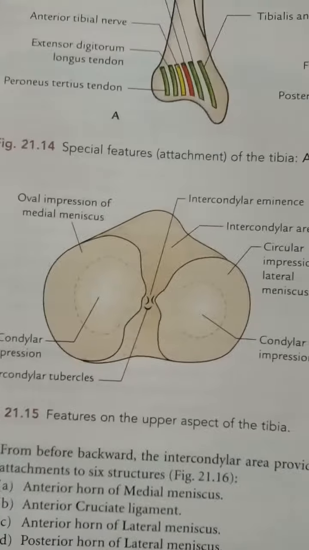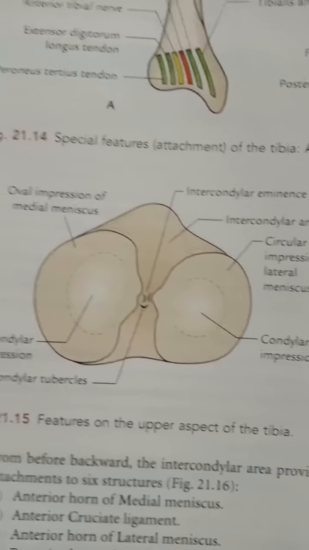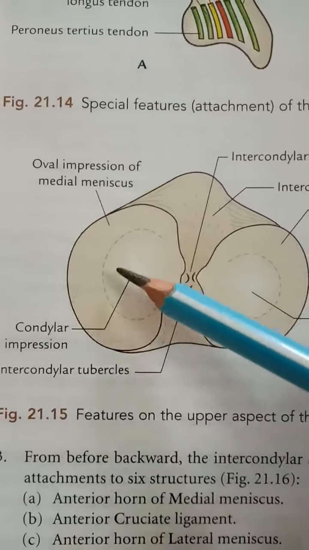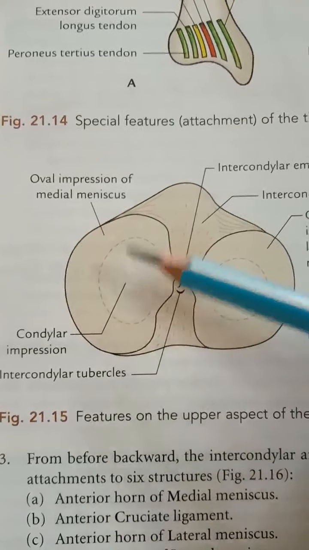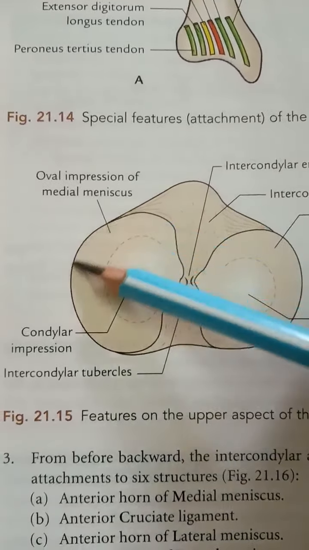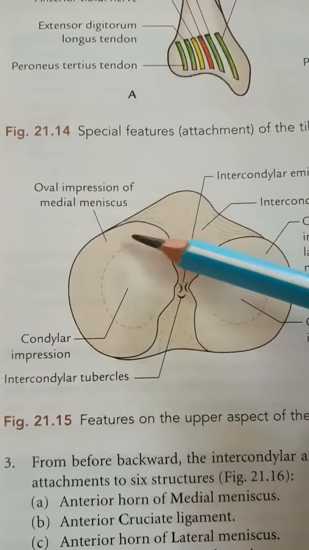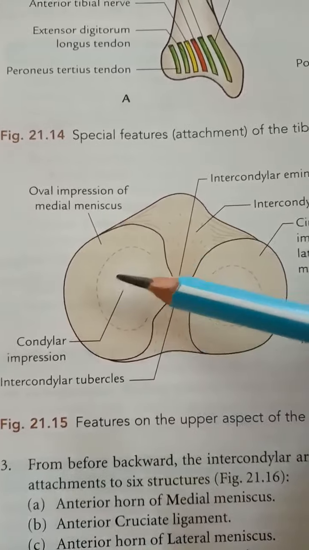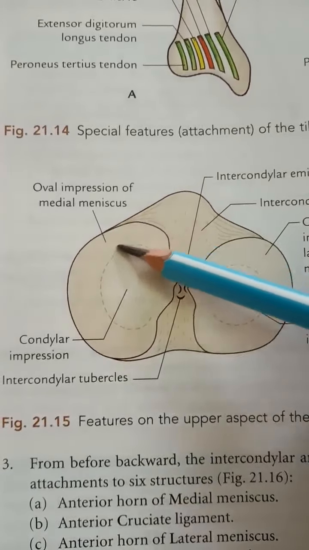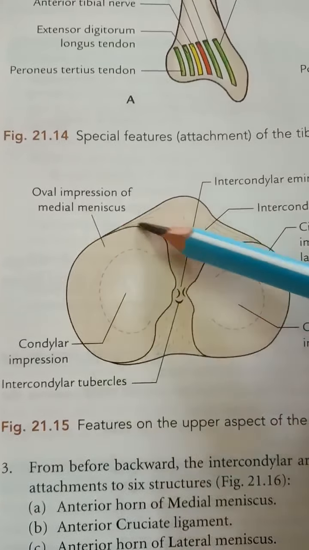The central part of this surface is slightly concave, and it is in direct contact with the femoral condyle. The peripheral surface is flat and separated from the femoral condyle by the medial meniscus. Here the medial meniscus is present.